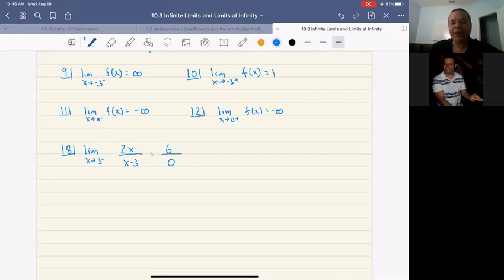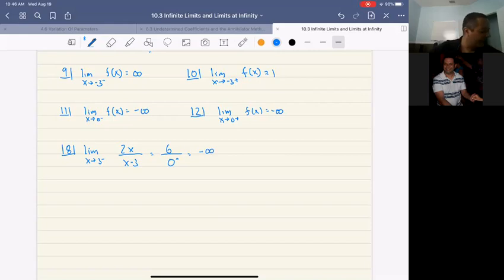So the x minus 3 is going to be a small negative number. Now we have 6, which is positive, or 5.999999999999999, not repeating forever, because if it repeats forever, it's just 6. Over a small negative number. So a positive number over a negative number is going to give you a negative, and in this case, negative infinity.